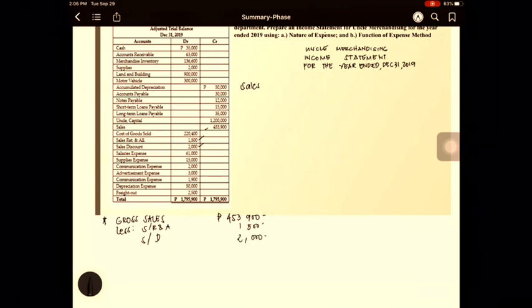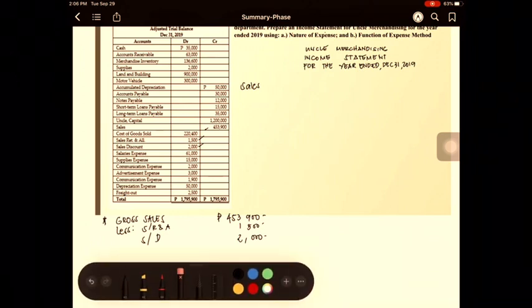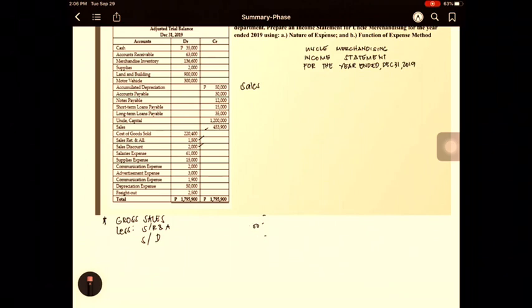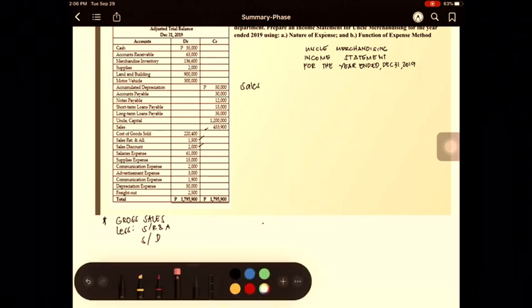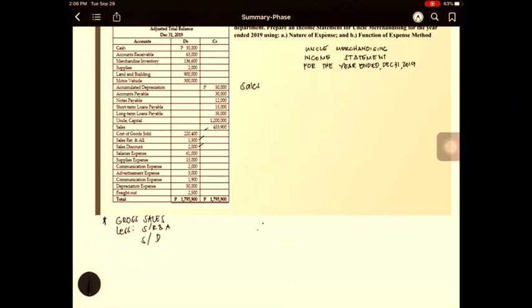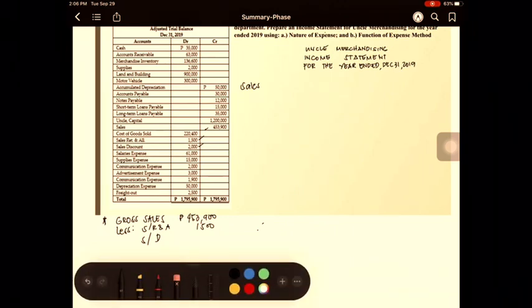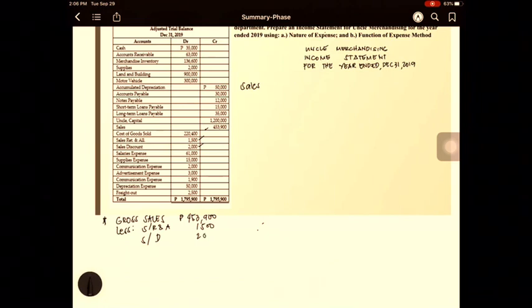Let's just fix this one so that it could still accommodate spaces later on. So again, gross sales amounted to 453,900 minus 1,500, minus your discount of 2,000. So how much is our net sales here?